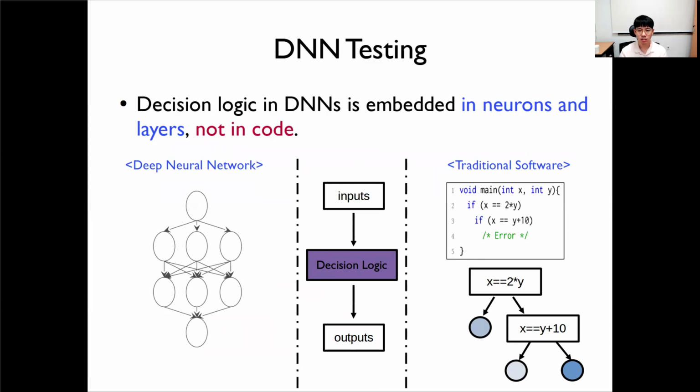The decision logic in DNNs is embedded in neurons and layers, not in the code. In traditional software, the developers have manually written the decision logic in code having control flow. But unlike conventional software, in DNNs the decision logic is determined by the neurons and layers and their weights. In other words, testing DNNs corresponds to testing the internal logic of the DNN, not the Python code surrounding the DNN code.